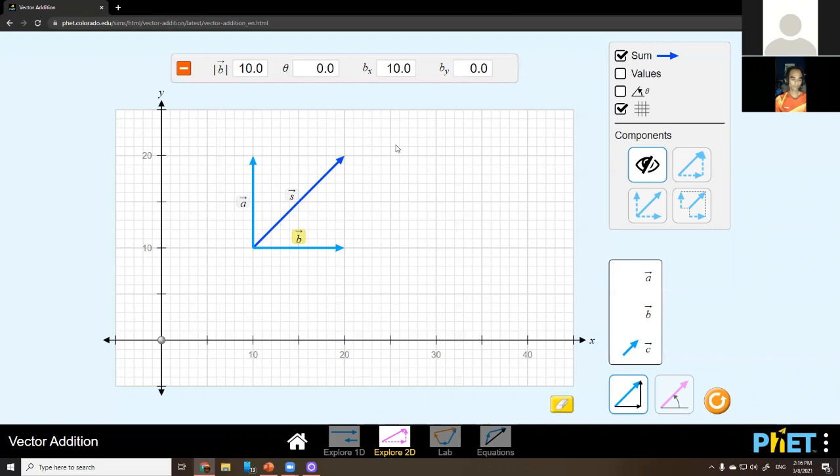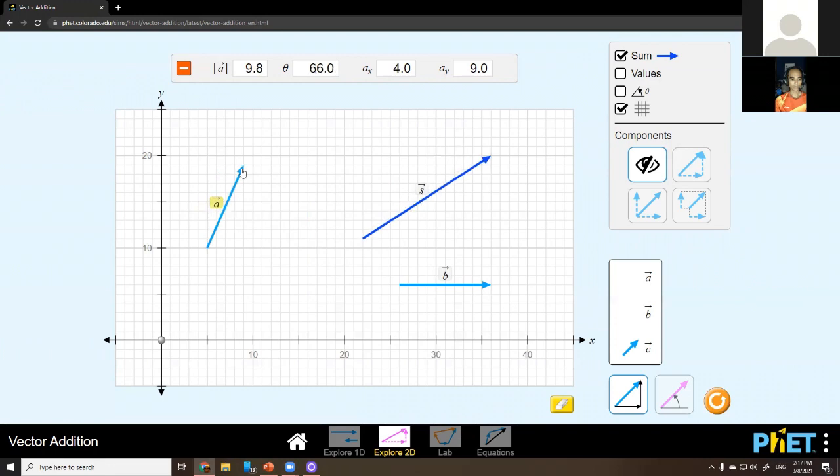Now we're going to see how you get this sum. As I said, one is using the parallelogram. This estimation doesn't have the parallelogram thing. One more way is using the triangle. So if I take A, I put it diagonally.